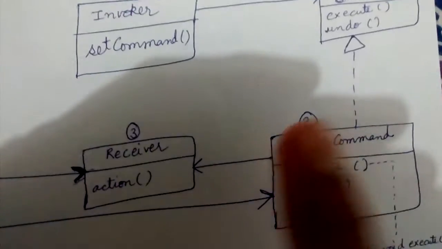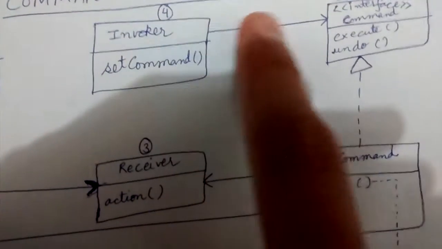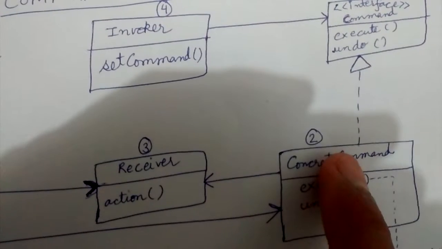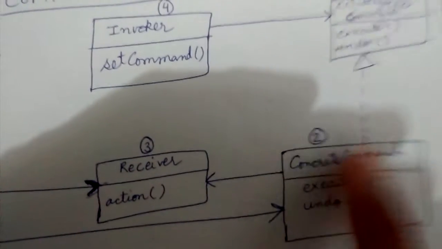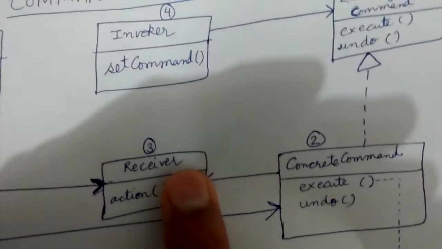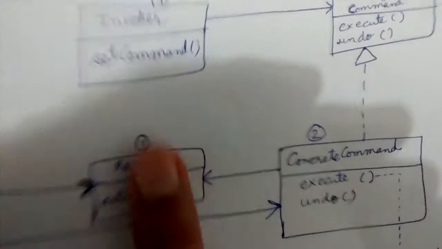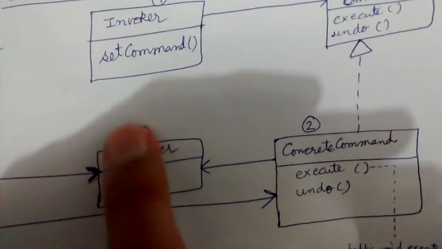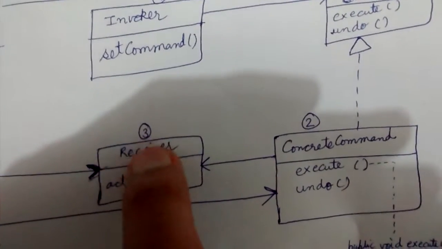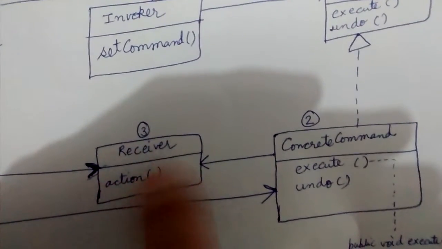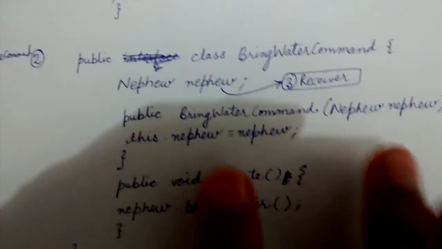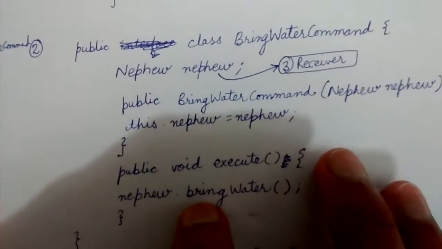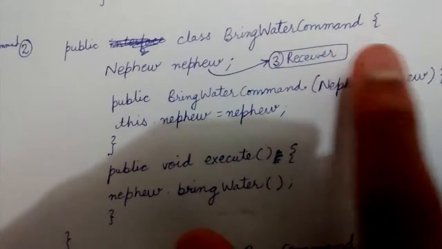It basically delegates whatever task is given by the invoker to the concrete command, and the concrete command delegates to the receiver. Okay, so I think the third module is clear. This is the actual business module, which actually gets the task done. Here the nephew is the one who is actually bringing the water. So this is the receiver.